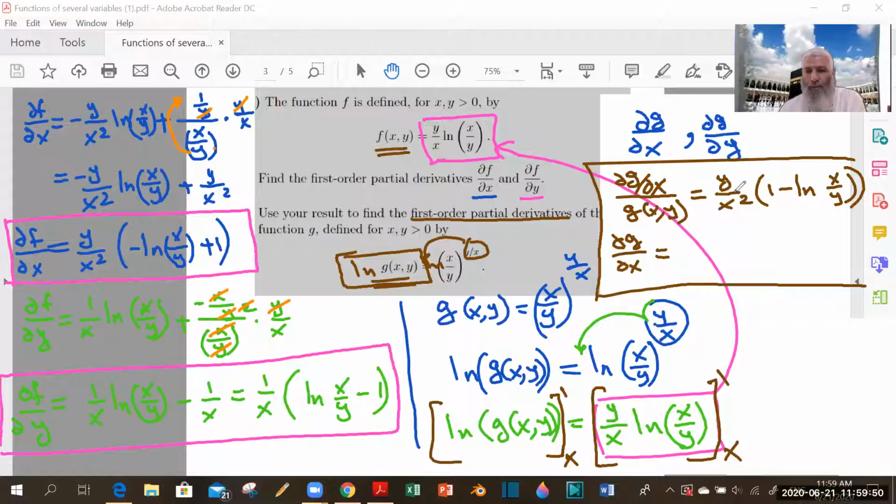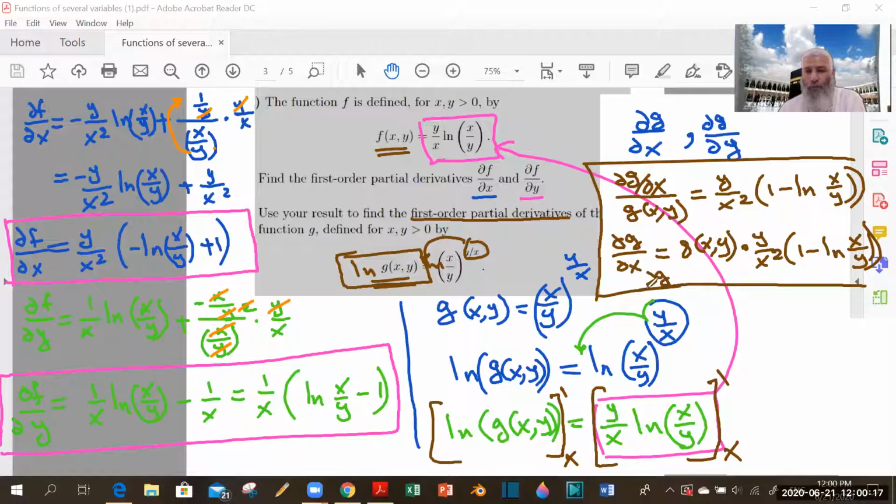And this can come in the numerator: g of x, y multiplied by y over x squared, times 1 minus ln x over y, right? What is g of x, y? It is here, x over y to the power y over x.